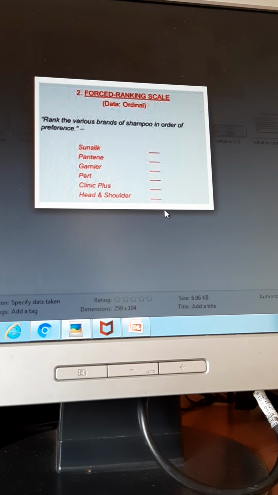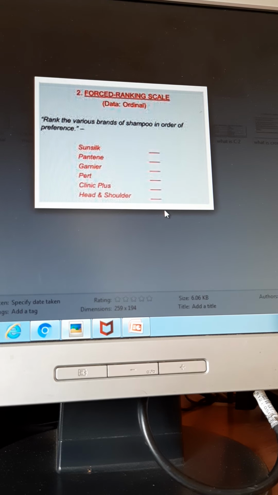Paired comparison, I said you should remember, is comparison of 2 or 3 different brands. Constant sum. Again, remember the name. Constant sum. What is the constant here? 100 marks is the constant. Okay. In this scale, there are so many attributes for a soap. They are asking you in this question which is the attribute and how much you weigh that attribute.